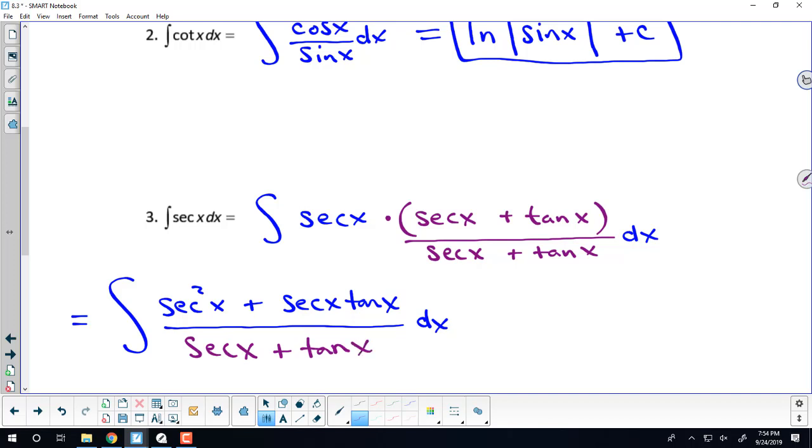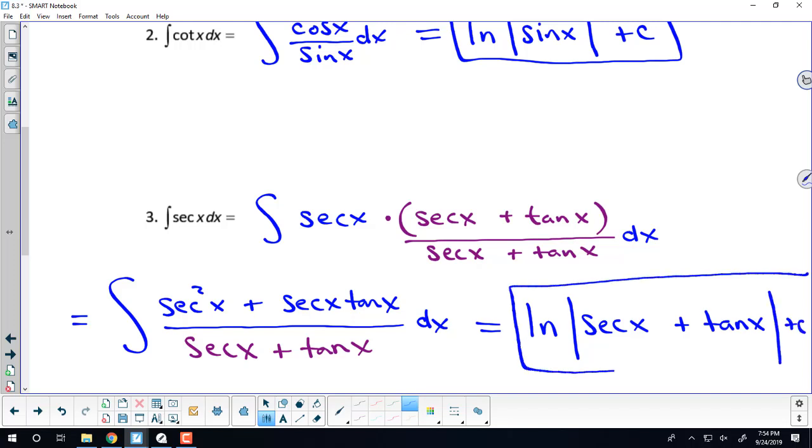So since the bottom's derivative is on top, it's in logarithmic form. The antiderivative of secant is ln absolute value of secant plus tangent.